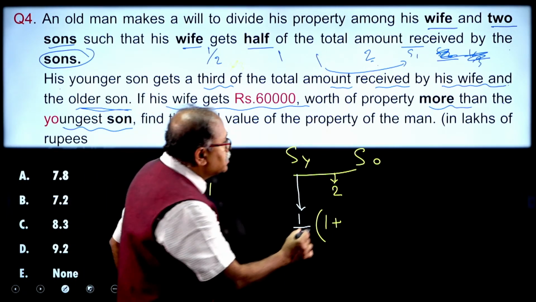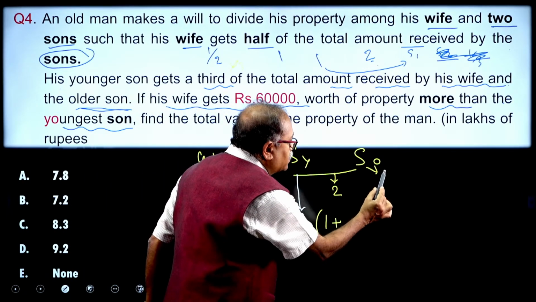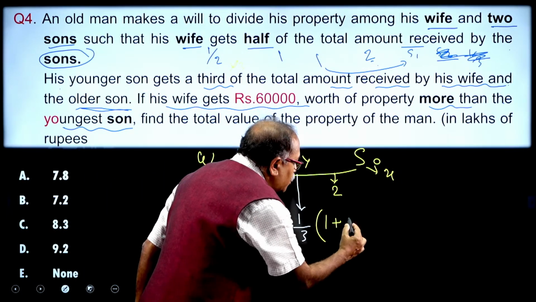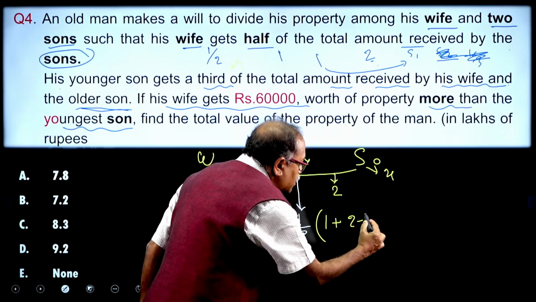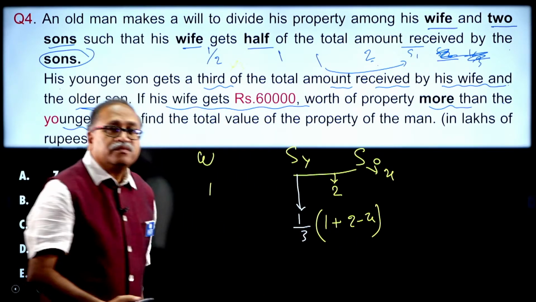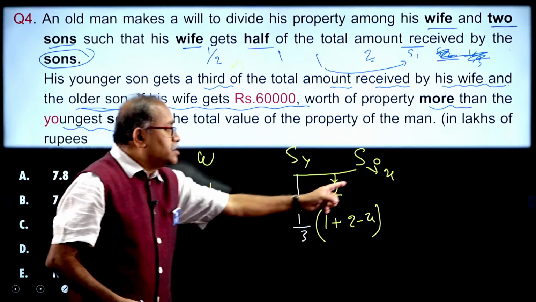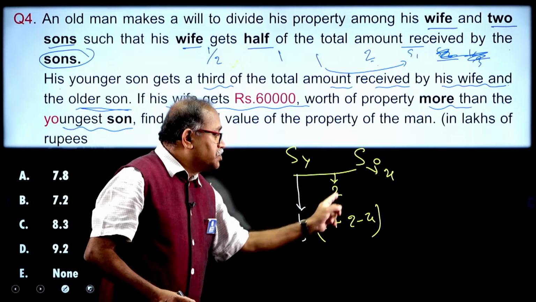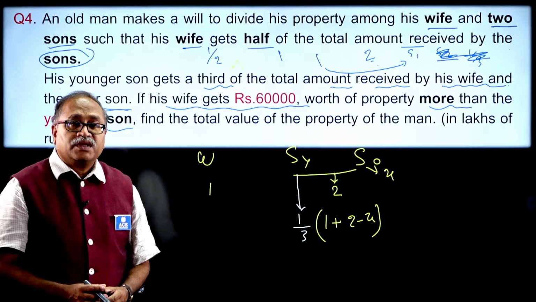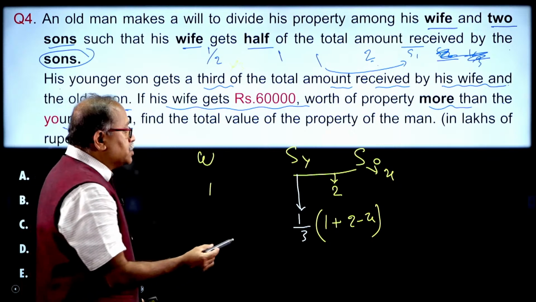If I consider the elder son as x, then it will be 2 minus x. The elder son is x and the total is 2, so 2 minus x is the younger one.